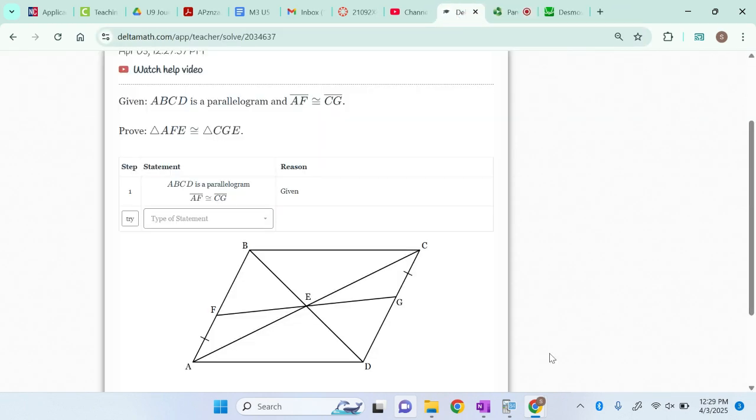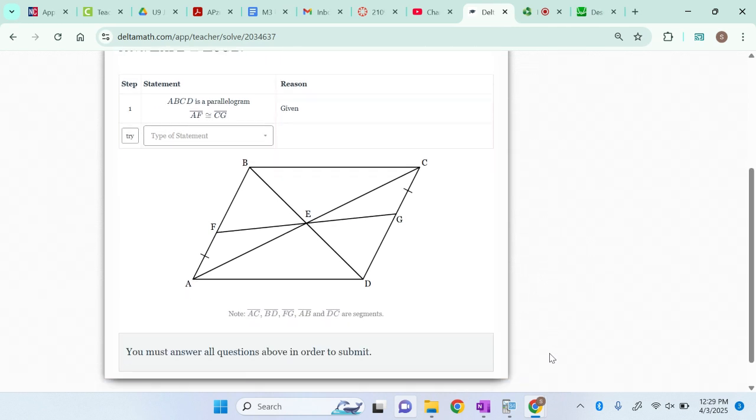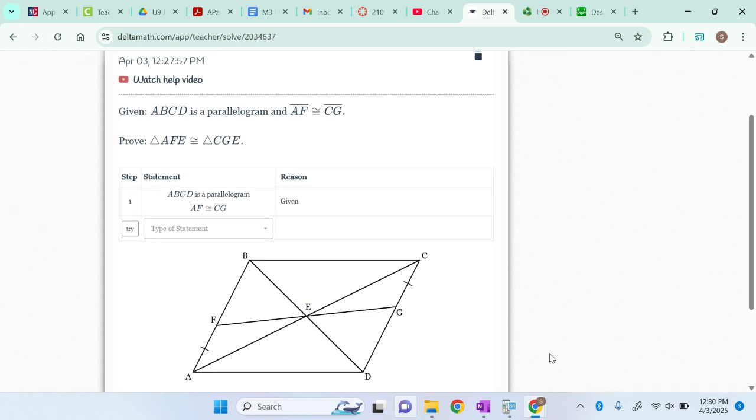So I'm on the very last single problem on the Delta Math. This is the very last one. All right. So what I'm going to do is I'm going to write the stuff that we come up with on the board, and then y'all just fill it in. That might just be a little bit easier.